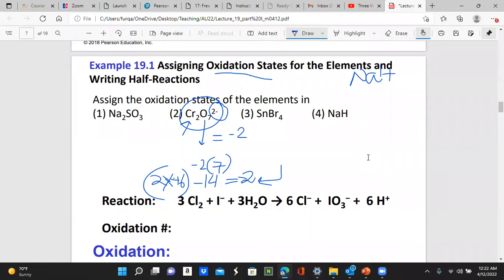We have 2 chromiums there, so 2 times 6 is going to be the 12. That is the number that we need here. 2 times +6. That's going to be +12, right? And then -14 is going to give us -2 at the end. So we know that chromium in this compound is in +6 oxidation state.